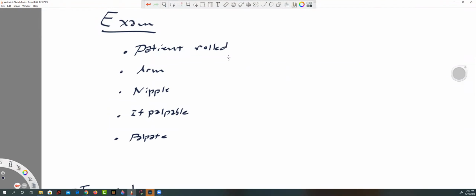Okay, for the exam, your patient should be rolled up onto their side, rolled about 30 to 40 degrees, and you put a wedge or a pillow under the shoulder so they're comfortable and they can maintain one position.